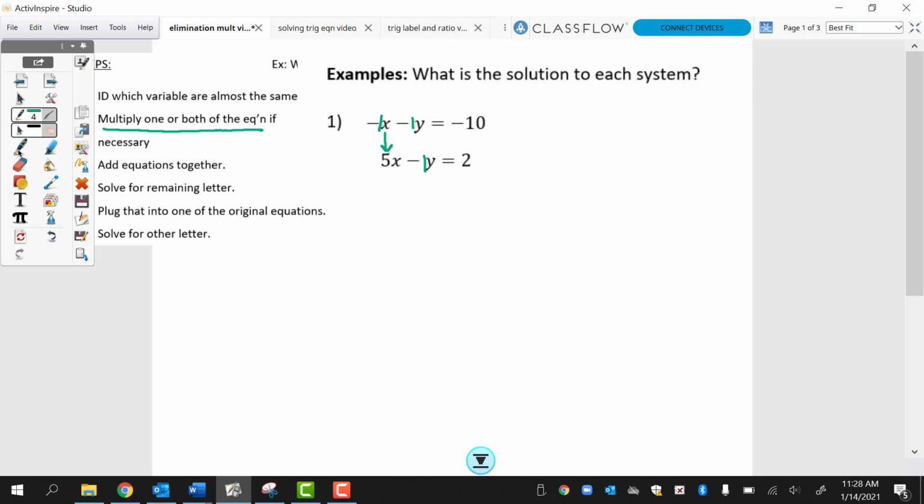So we're going to focus on our y's. We want to change those so that one of them is positive and one of them is negative, because they're already the same number. It's just the signs aren't right. So how do I do that? Well, if all you need to do is change the sign, we're going to write a little note at the top to change the sign.